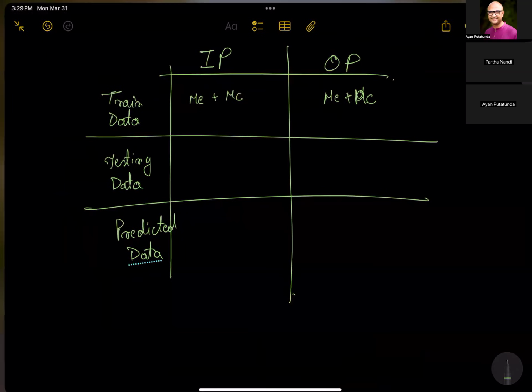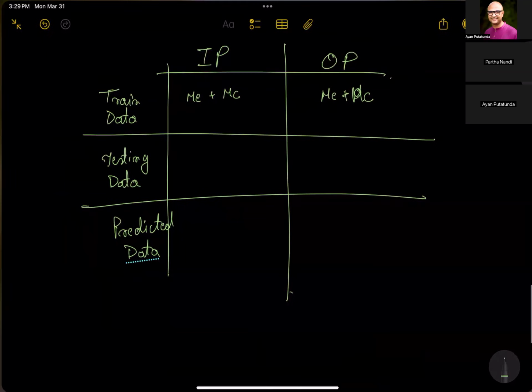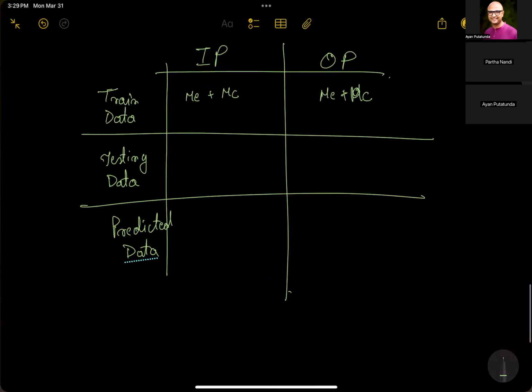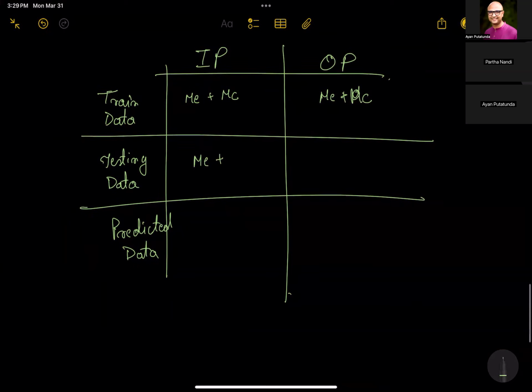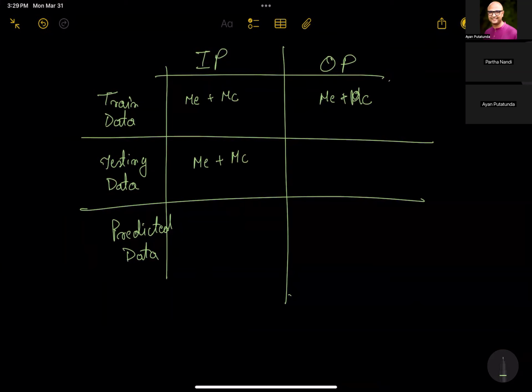In the predicted case, the input is known to machine and also to me. Output is not known to machine, not known to me. You remember this discussion yesterday?